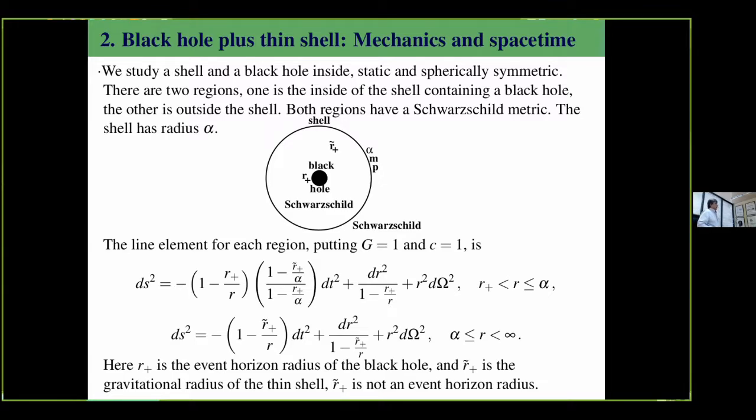For the outside, you get this line element with r plus tilde, and you have to fit those things to have a shell. So r plus is the event horizon radius, r plus tilde is the gravitational radius of the thin shell, and it's not an event horizon radius, okay?